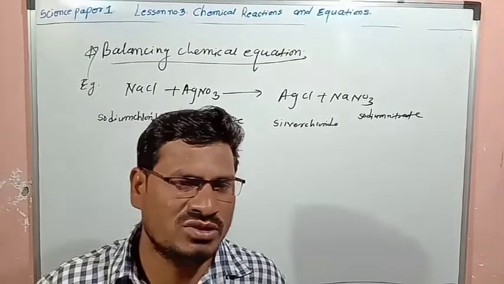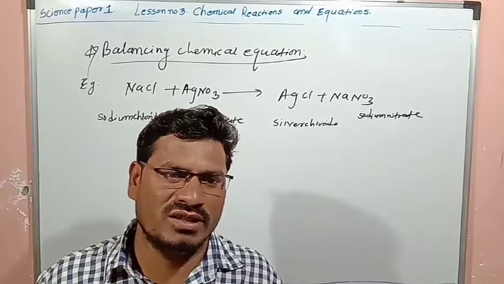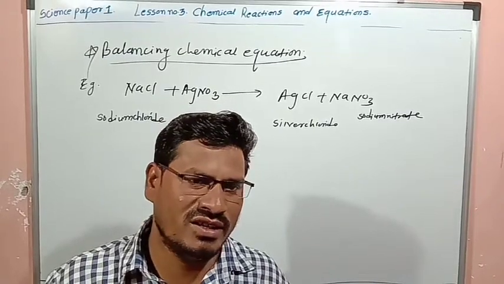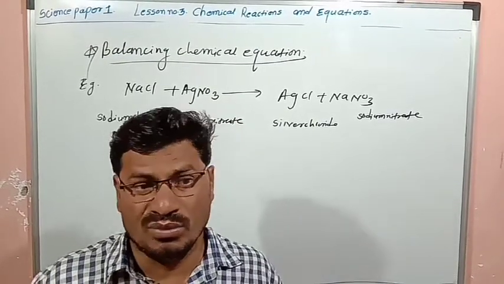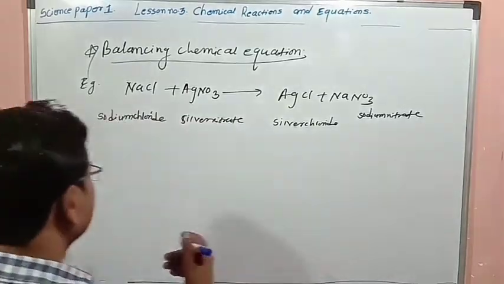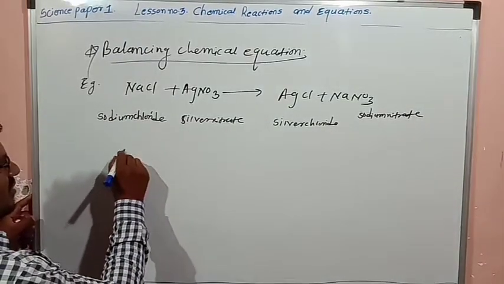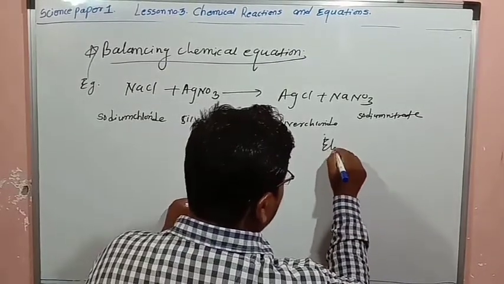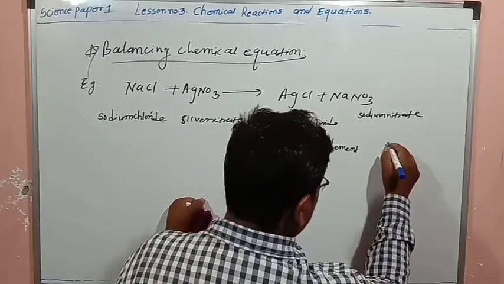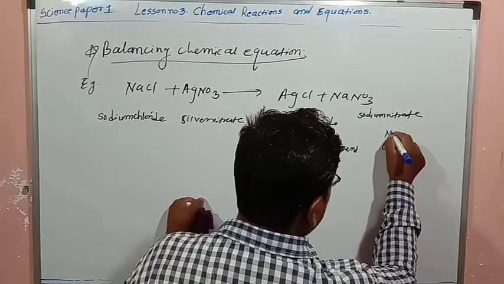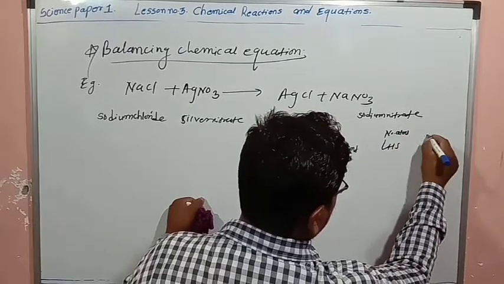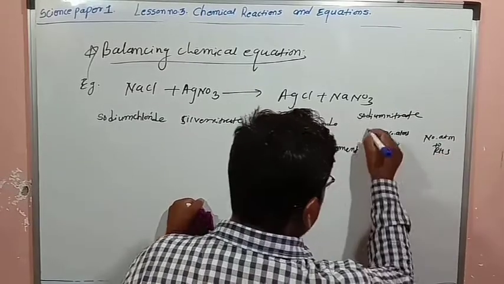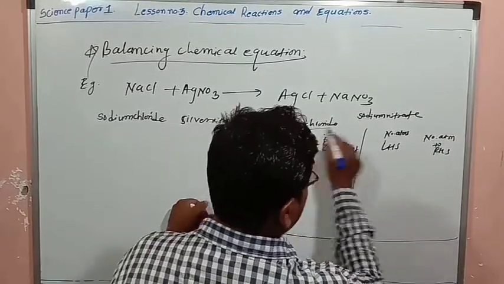In that you have to count the number of atoms of the reactants and the number of atoms of the products. So how many atoms are there in the reactant and how many atoms are there in the product of the same elements. So we will make one small table. Here element, here number of atoms to the LHS, number of atoms to the RHS.